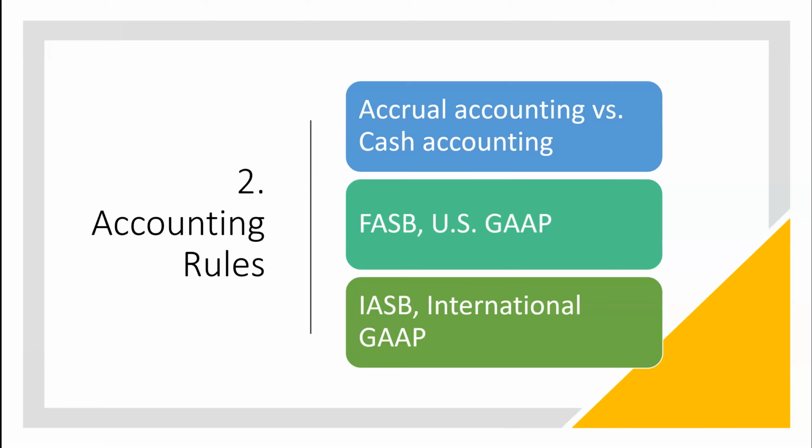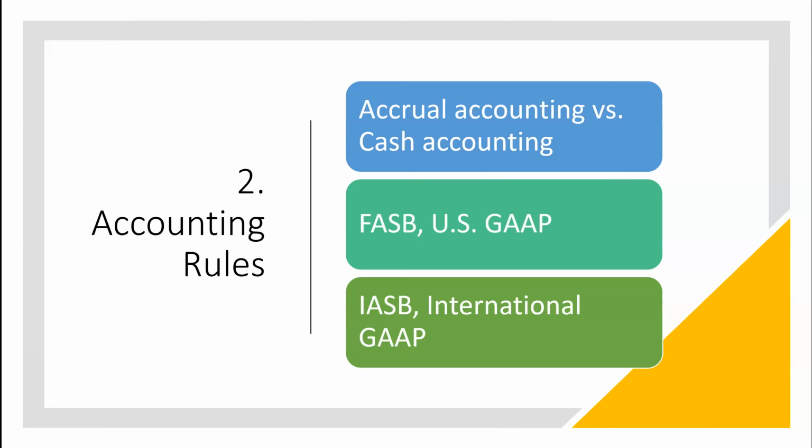Accounting works based on sets of rules. And we just mentioned some of the rules that exist, but they're different. Here in the United States, we follow generally accepted accounting principles that are created by a group called the Financial Accounting Standards Board, or FASB.